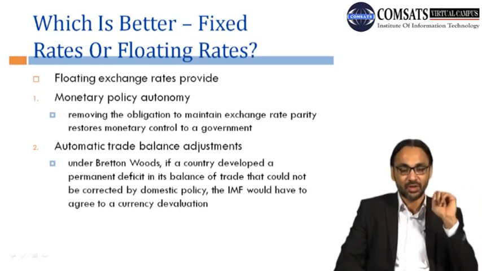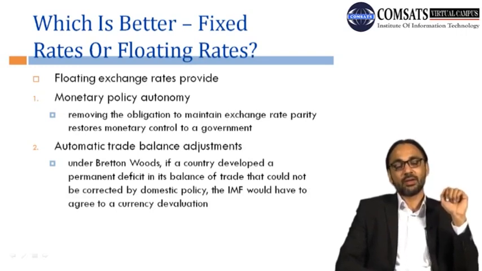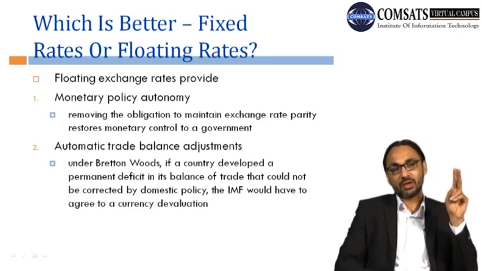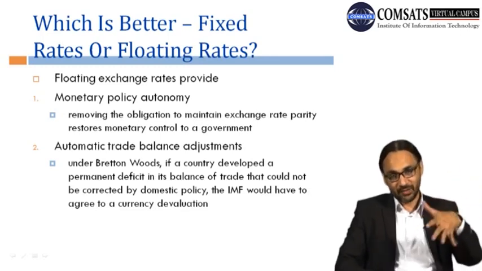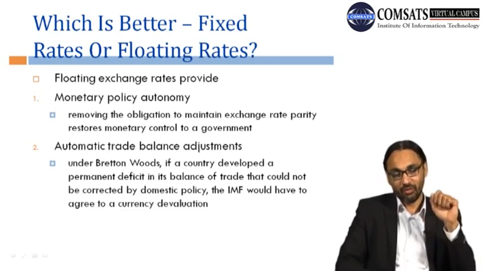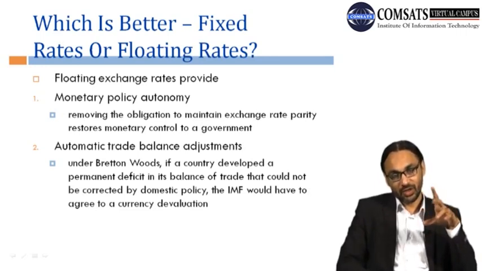The next one is automatic trade balance adjustment. Under Bretton Woods, if a country developed a permanent deficit in the balance of trade that could not be corrected by domestic policy, the IMF would have to agree to a currency devaluation. Under floating exchange rates, the balance of trade adjusts automatically.